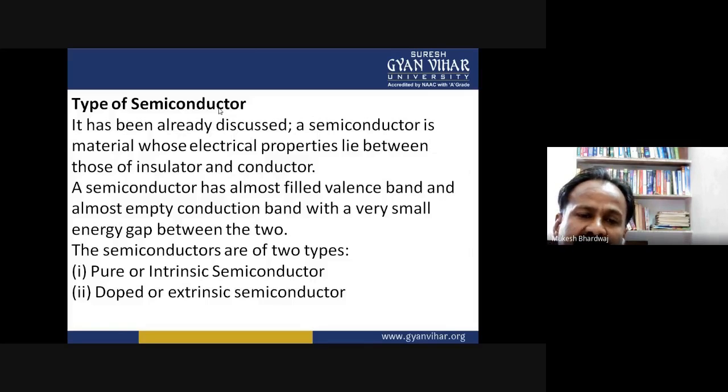Semiconductors are of two types: pure or intrinsic, and doped or extrinsic or impure. The extrinsic or doped semiconductor is further classified into two more categories: p-type semiconductor and n-type semiconductor.